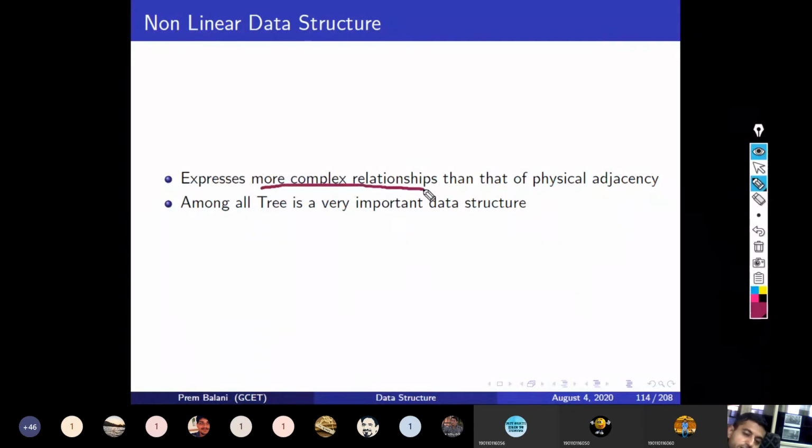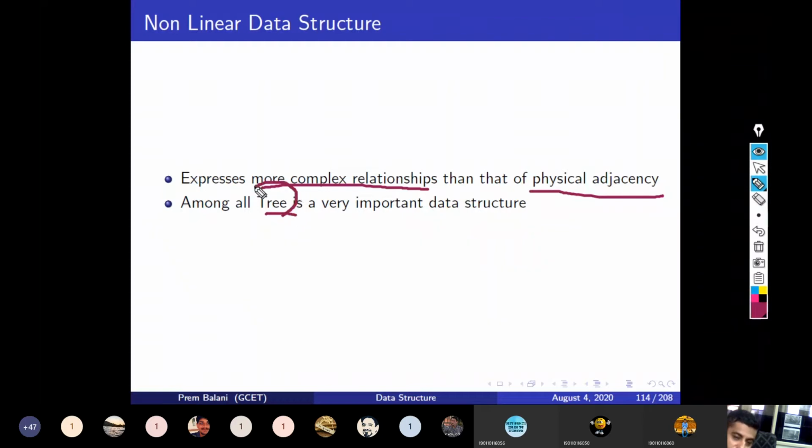While in linear data structures there is a straight, linear relationship, but now here there are more complex relationships than just physical adjacency, which was there in the linear data structures. So in a non-linear data structure, this physical adjacency is not the limit, right? So we can represent more complex relationships.